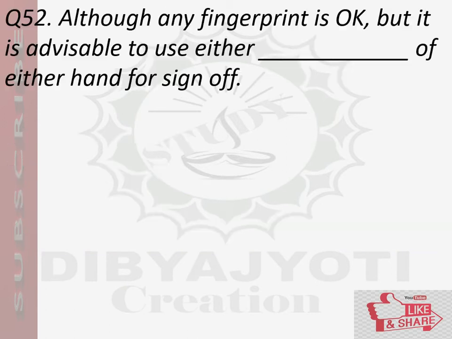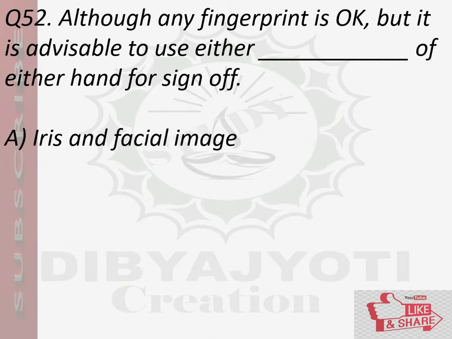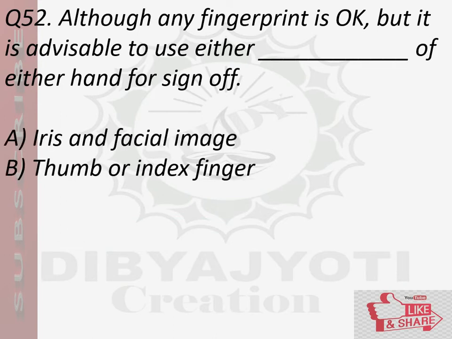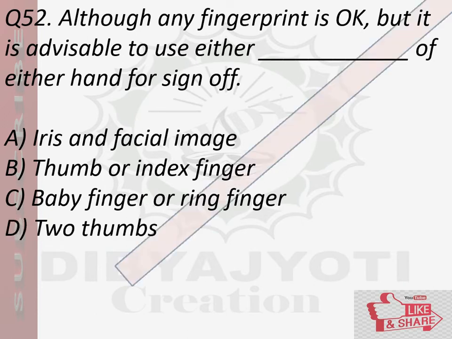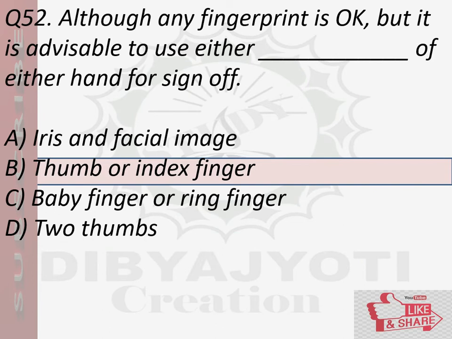Then next, question number 52. Although any fingerprint is okay, but it is advisable to use either dash of either hand for sign off. Options are iris and facial image, thumb or index finger, baby finger or ring finger, two thumbs, and answer is thumb or index finger.